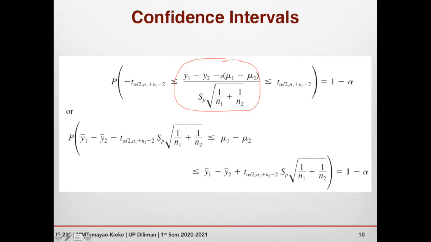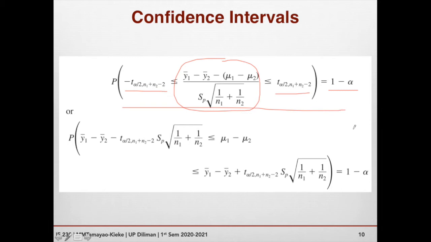Since we have a t distribution and we want the probability of 1 minus alpha that our test statistic will fall within the confidence interval, then our confidence interval will consist of a range with the lower limit at negative t alpha over 2 with degrees of freedom n1 plus n2 minus 2, and an upper limit of t sub alpha over 2 with degrees of freedom n1 plus n2 minus 2.